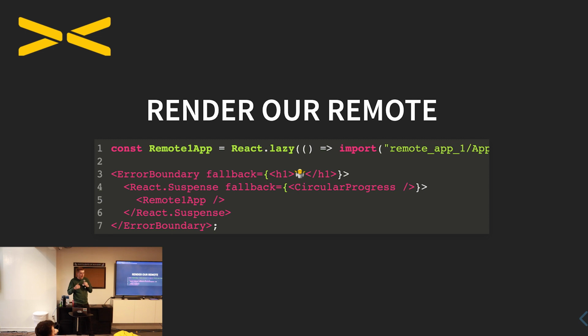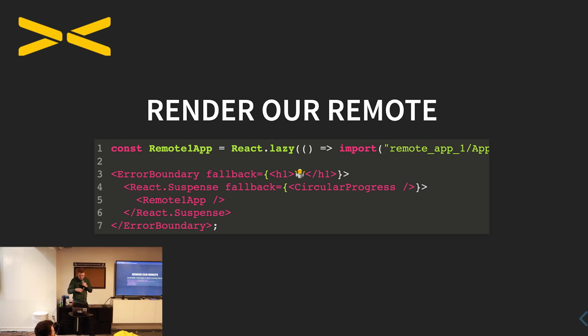So our Remote 1 app, if you remember, we're loading that over the network, right? That's not going to be available immediately when we try to render this component here. So we need to do something while it's loading, and we really should display something to the user to say, hey, you're just going to have to wait a second. So that's all we're really doing here. And actually, I forgot to point out, but back up in the import here, you'll notice we're wrapping the import in React Lazy.